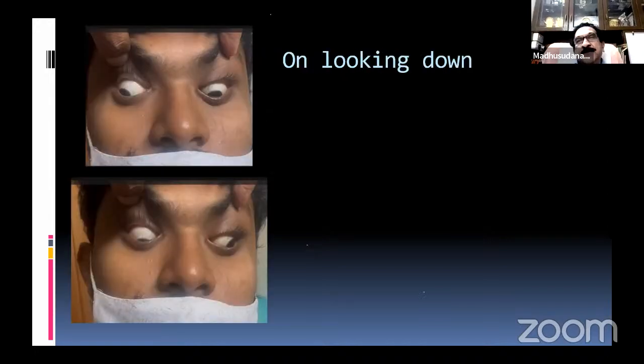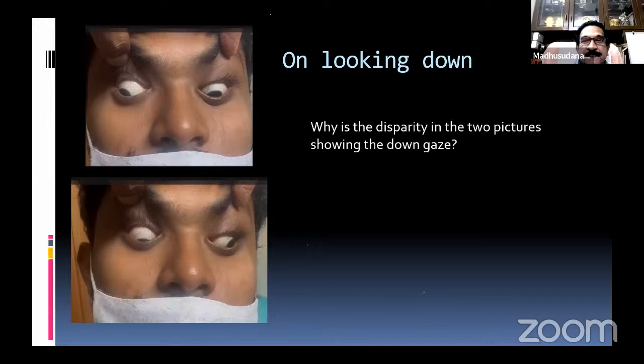Now I'll show you another phenomenon. On looking down, why is this so? On the upper picture, the left eye is looking at the object and the right eye is deviated. On the second one below, the right eye is looking and the left eye is deviated. What is it due to? Same thing.